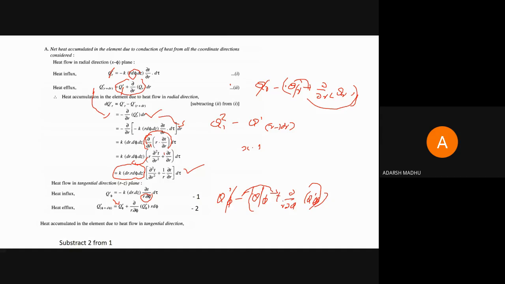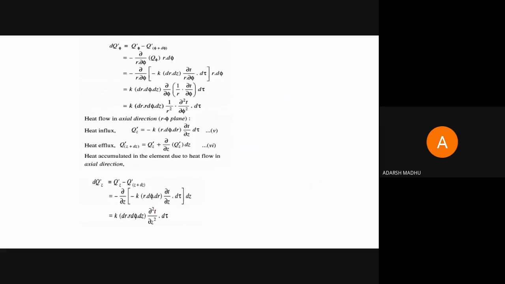Then the remaining term will be minus dou by r dou phi of q dash of phi, right? So the remaining term will be negative of dou by r dou phi into q dash of phi, multiplied by r d phi.